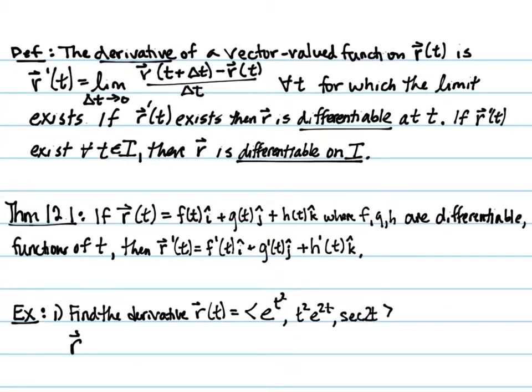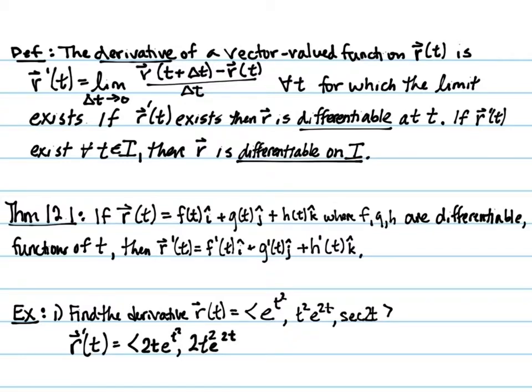Okay, so in doing r prime of t, we'll take the derivative component-wise. The derivative of e to the t squared would be a chain rule. The derivative of t squared is 2t, and the derivative of the e to the power is e to the power. T squared e to the 2t would be a product rule, so we'll do the first times the derivative of the second, so the derivative of e to the 2t would be e to the 2t times 2. So we'll move this over and put the 2 in front.